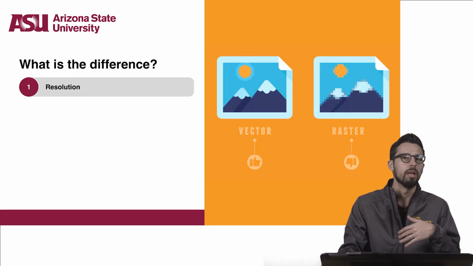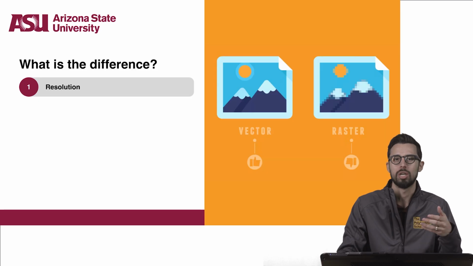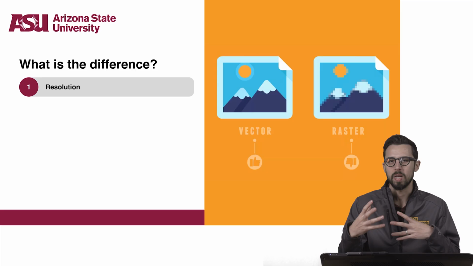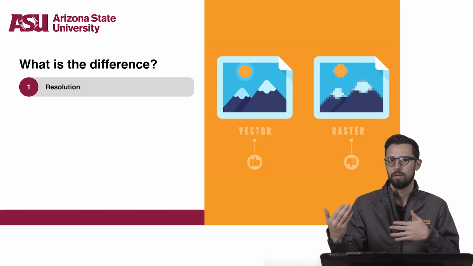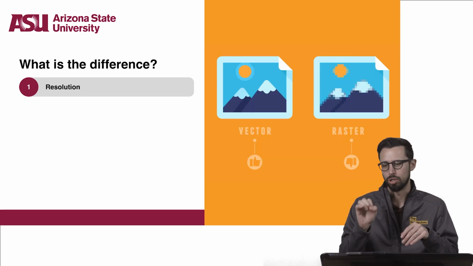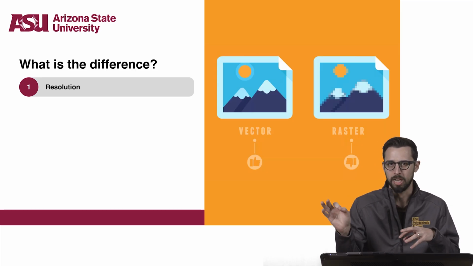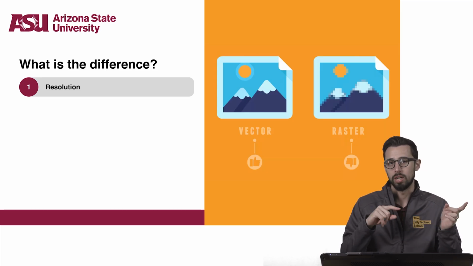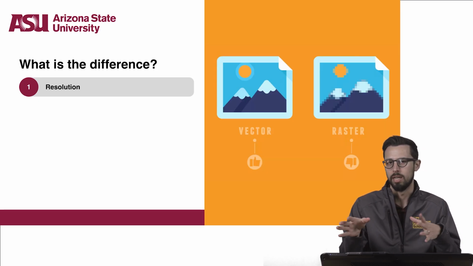An easy way to tell if an image is raster or vector is to increase its size. If the image becomes blurred or pixelated, it's most likely a raster file. I even encourage you, just go to a photo on your phone and zoom in. If you can see individual pixels, it's a raster file. With vector image files, resolution is not an issue.